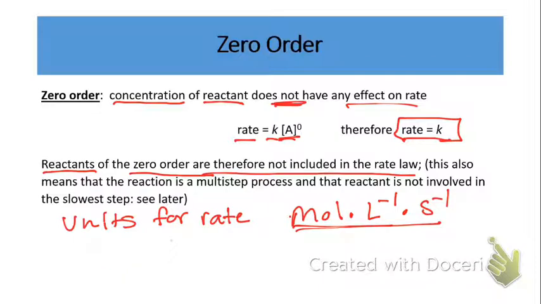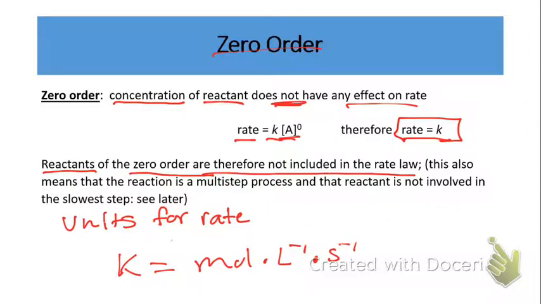So therefore, if those are the units for rate, then the units for K for a zero order reaction must also be moles per liter per second. Now, if you're an IB student, then you're going to use a little bit different units for concentration.